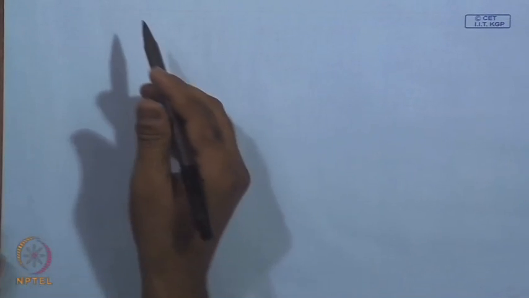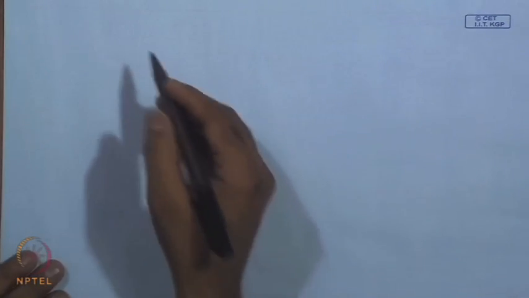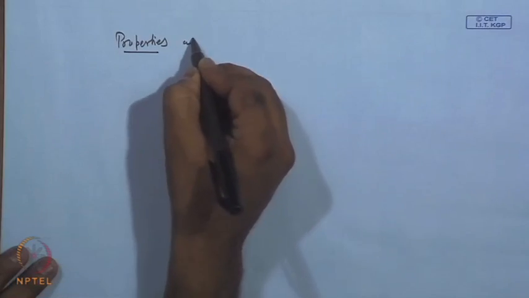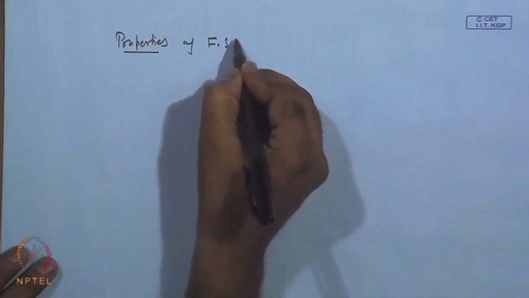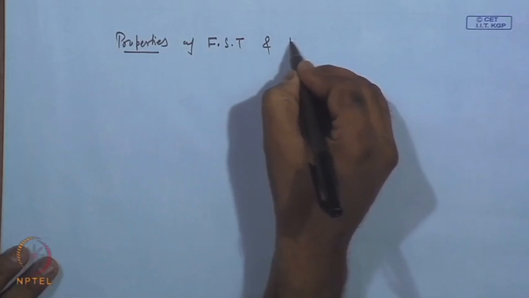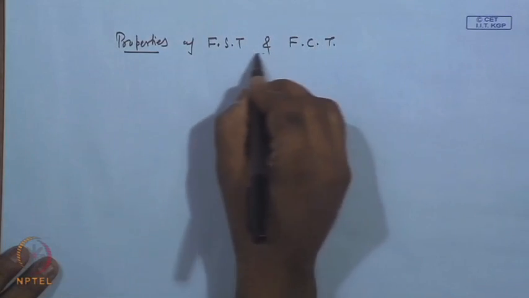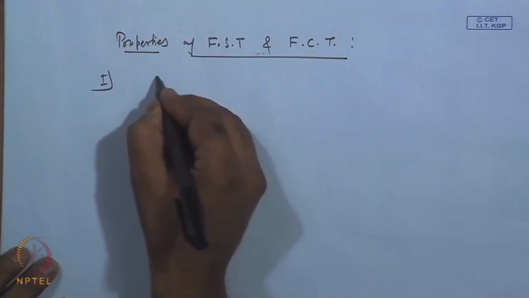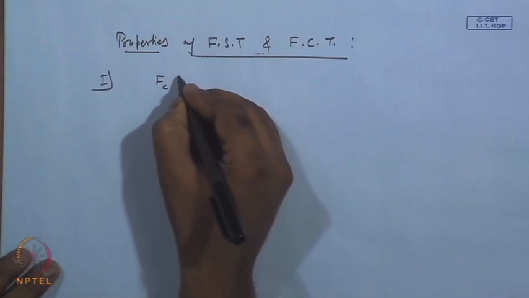So, we now quickly go for some important properties of these transforms: properties of the Fourier sine transform and Fourier cosine transform. The first is linearity, which holds for all these integral transforms.